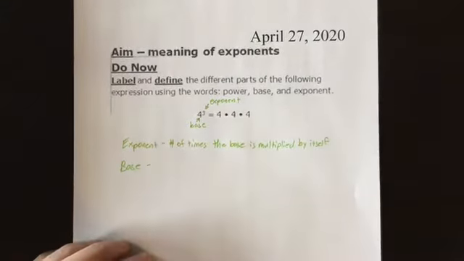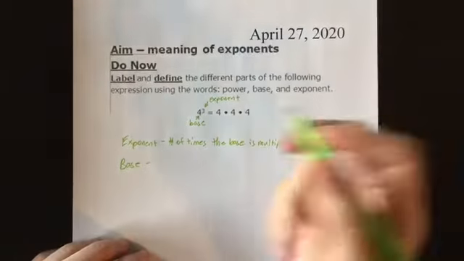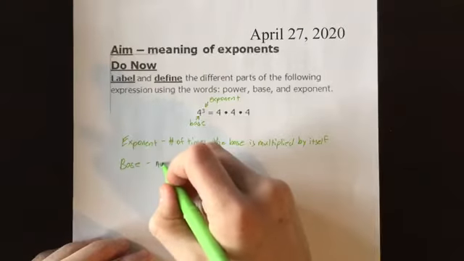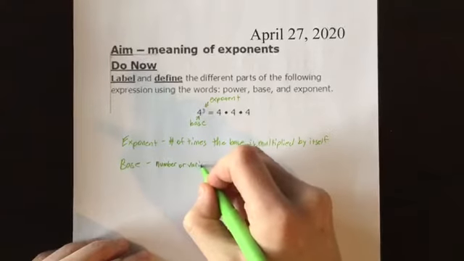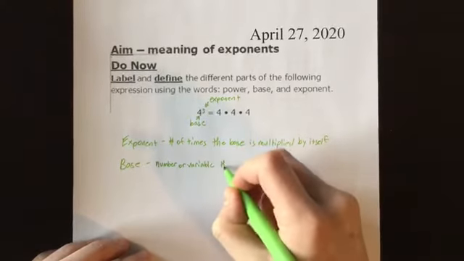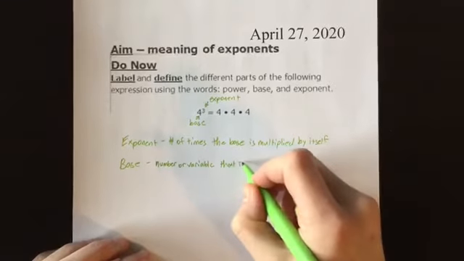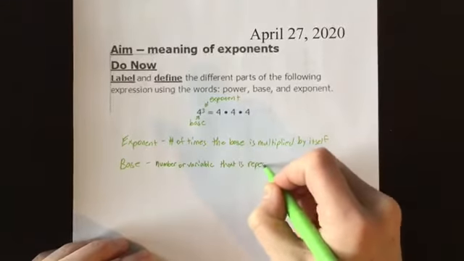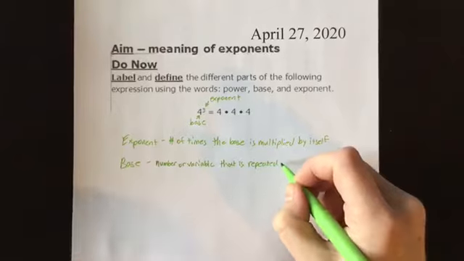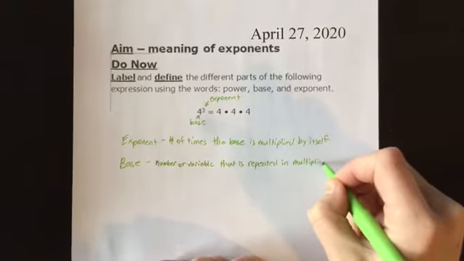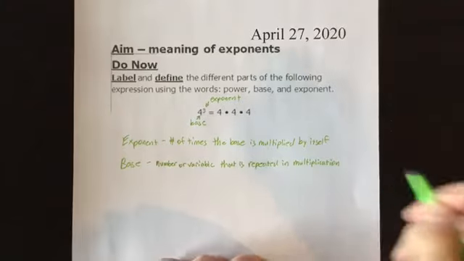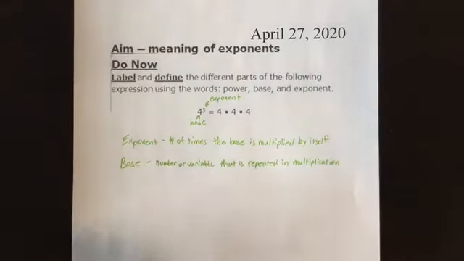That's the number directly below our exponent, and I like to think of that as our number or variable that is repeated in multiplication. So the number or variable getting multiplied by itself.